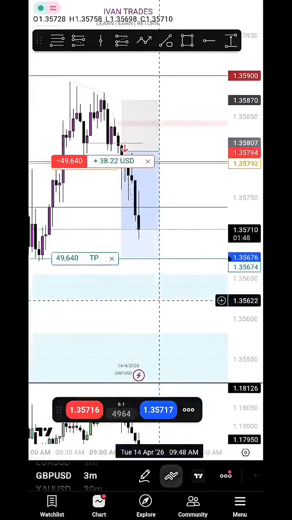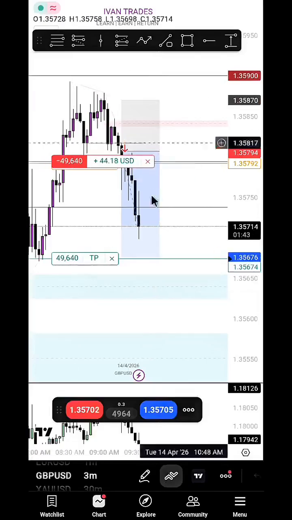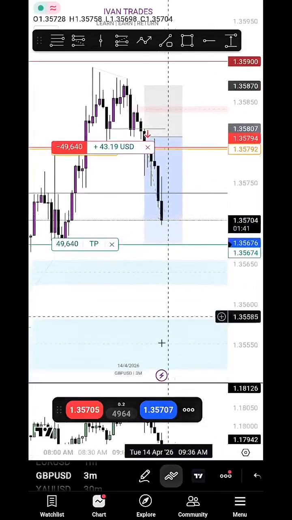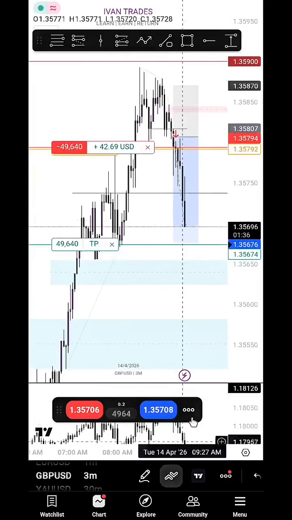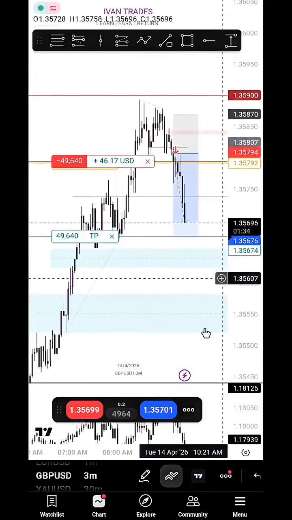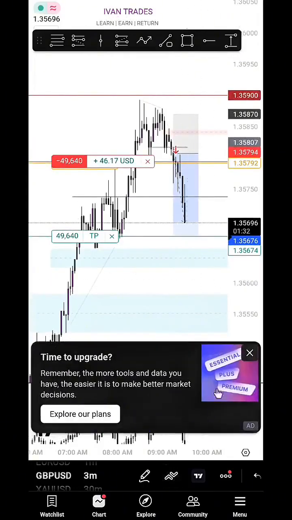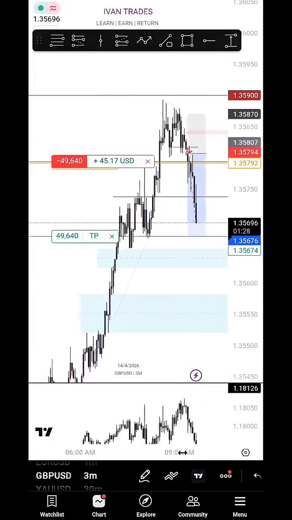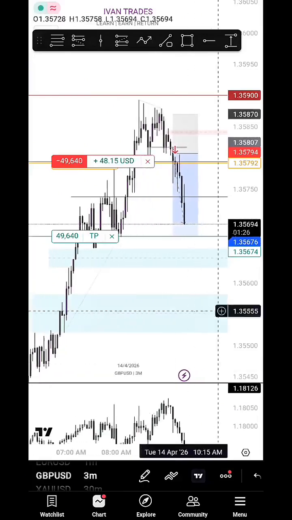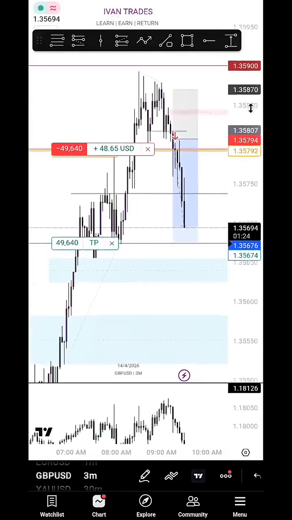So let's see how the 930 does its thing. I'm going to take a partial right here. Trying to take a partial, but it's not working.